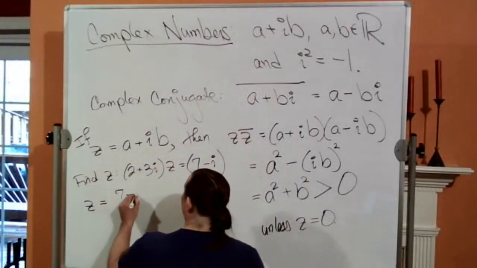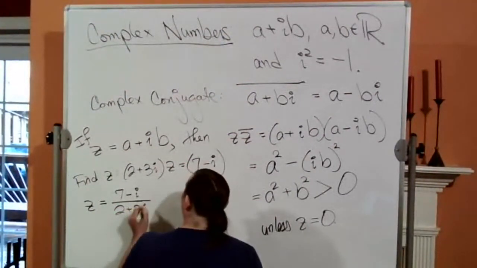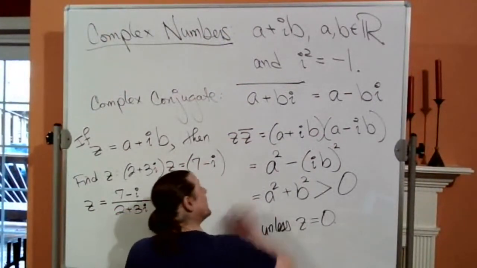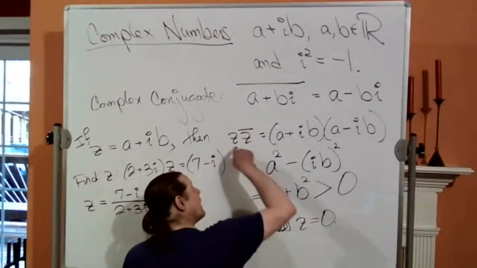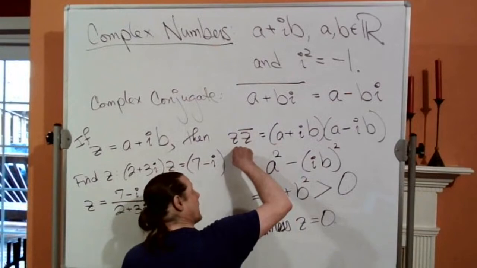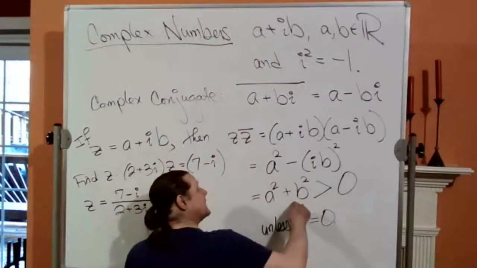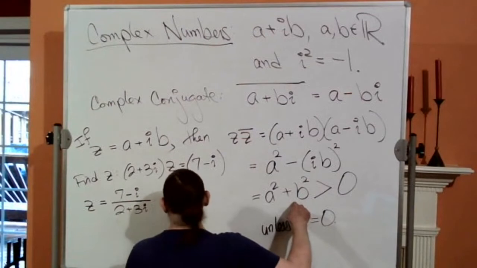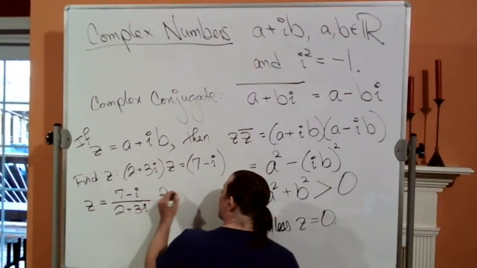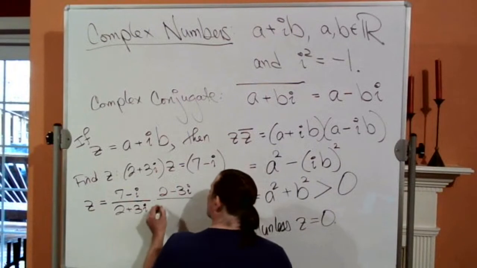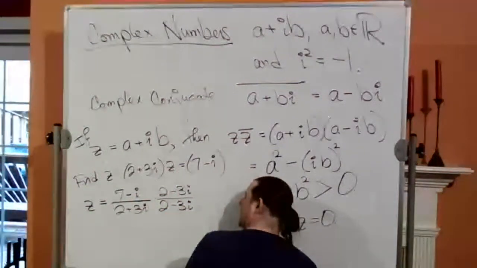So I'll have 7 minus i divided by 2 plus 3i. And now what I'm going to do, essentially because of this nice property that the product of any complex number and its complex conjugate is a non-negative real number, I'm going to make use of that by multiplying here by the complex conjugate of the denominator.